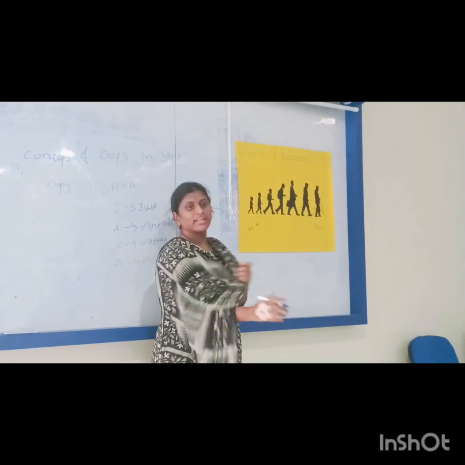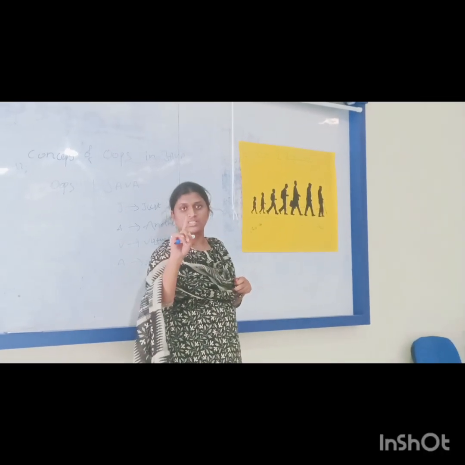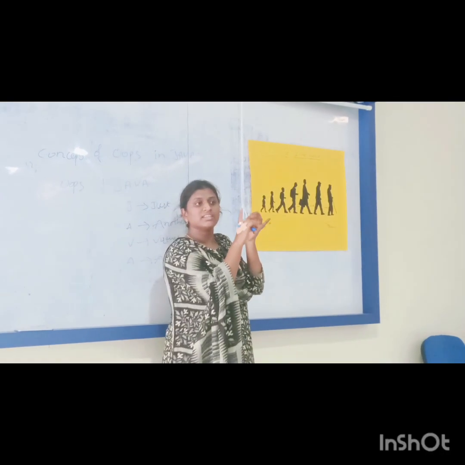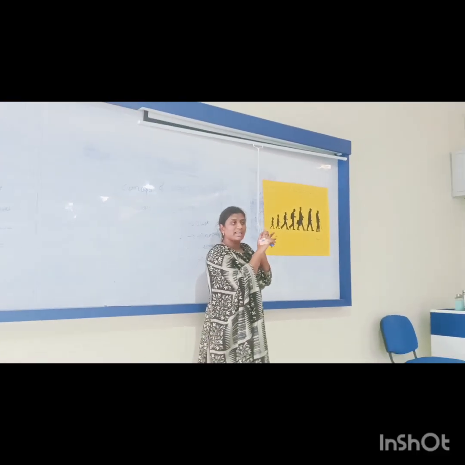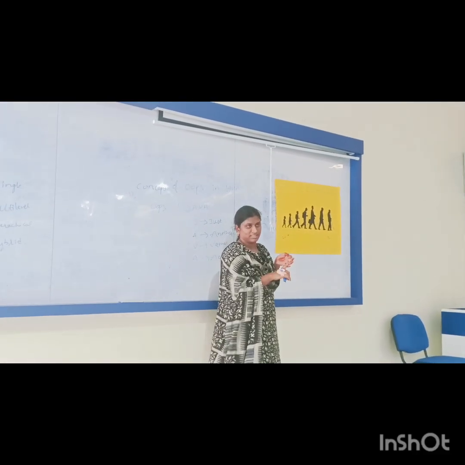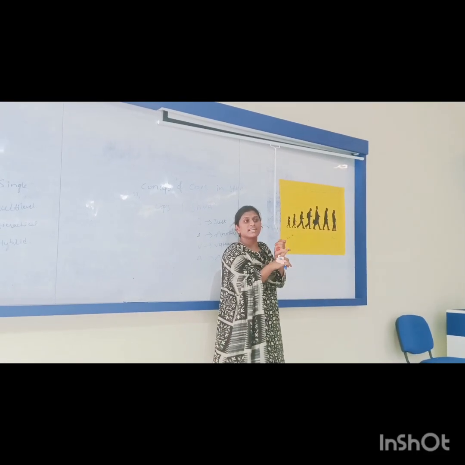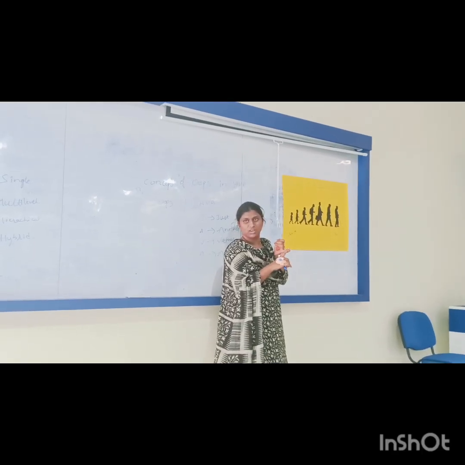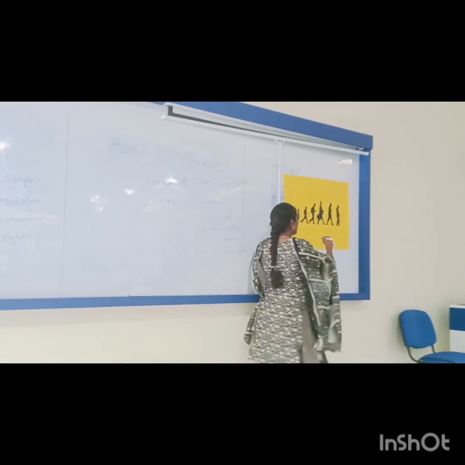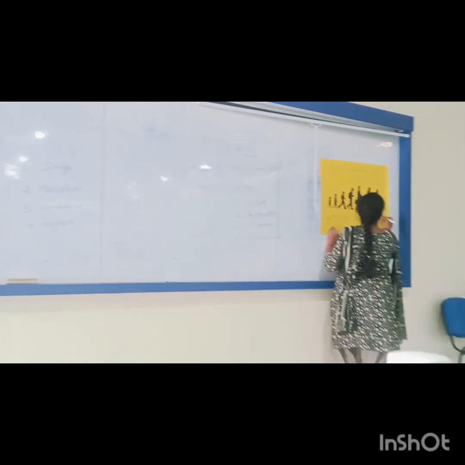Inheritance has two main concepts. First one is the parent class, second one is the child class. Parent class is nothing but the super class. Child class is the subclass.